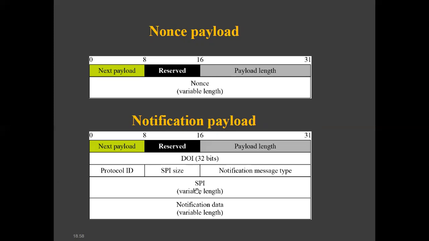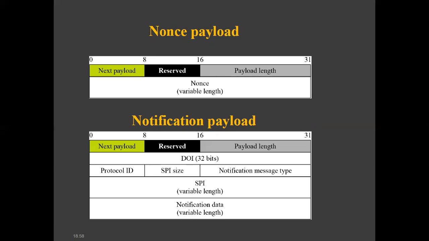The fields in the notification payload are DOI, that is the domain of interpretation. It is a 32-bit field and it is the same as defined for the security association payload.